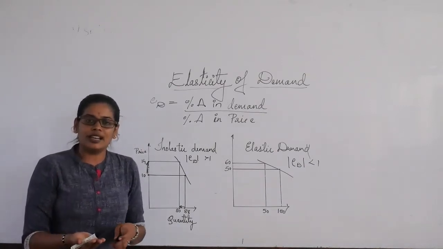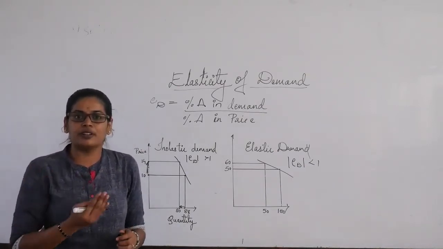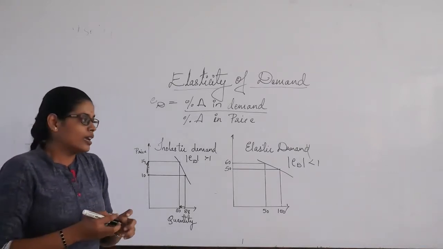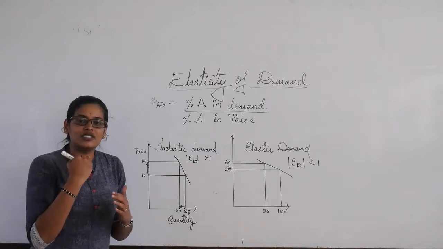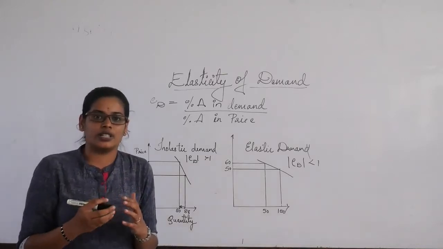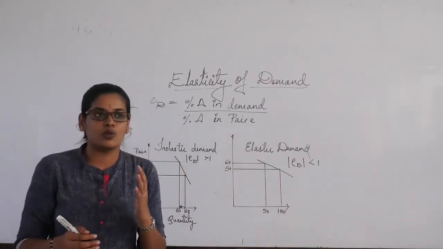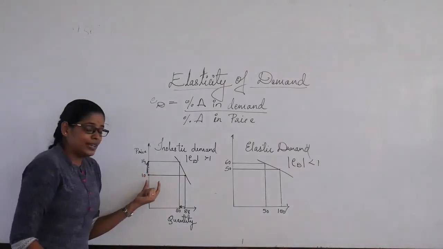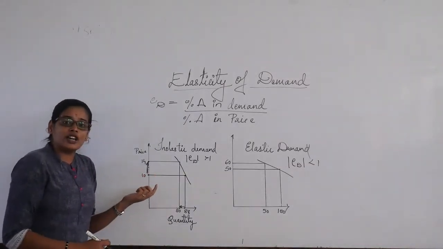We need petrol in our daily life for transport facilities and all. Even if there is a change in the price, it's not going to affect us, because that's what we need in our daily life. That's the best example for inelasticity of demand.